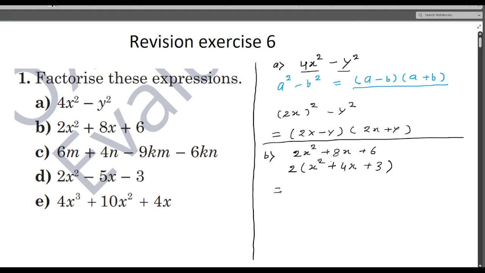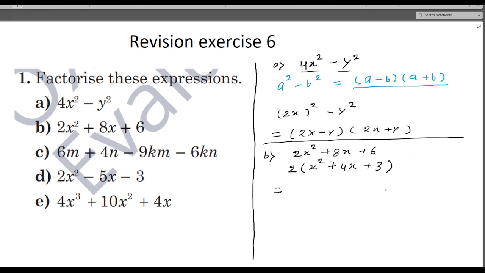Now x square plus 4x plus 3 is a quadratic expression. For quadratic expressions, I will give you a general rule.